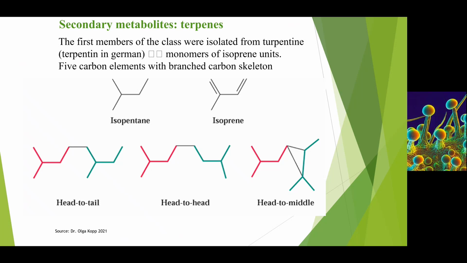There are many different kinds of secondary metabolites. I am only going to briefly speak about terpenes today because Andrew is covering that section. Terpenes are what we would be familiar with as smells and scents.